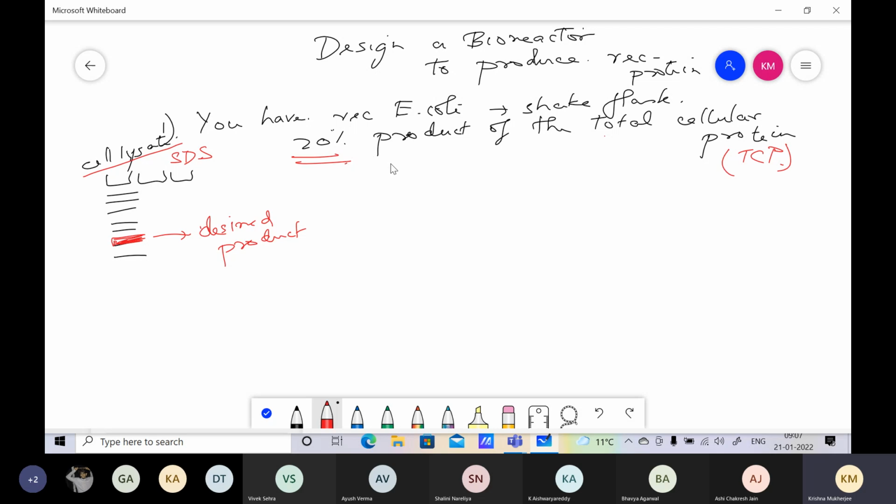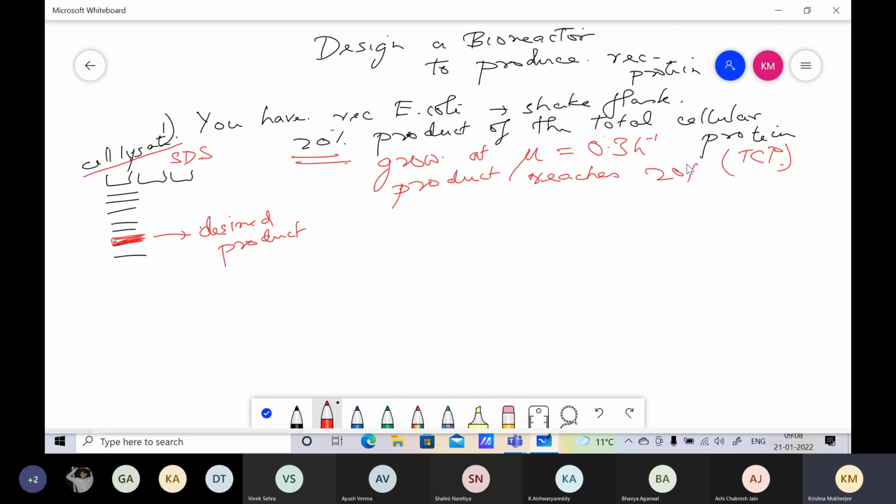And for this, you need to grow it in log phase, at a mu of, let us say, as we talked about earlier, 0.3 per hour. And product reaches 20%, and doesn't increase further.